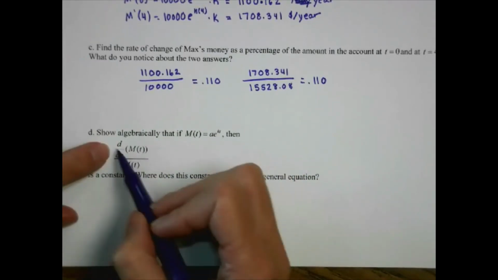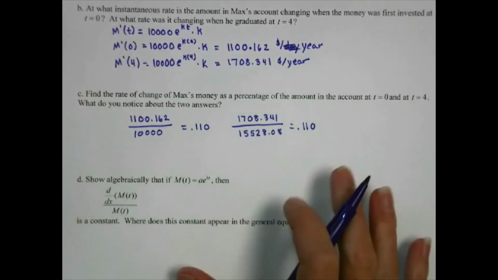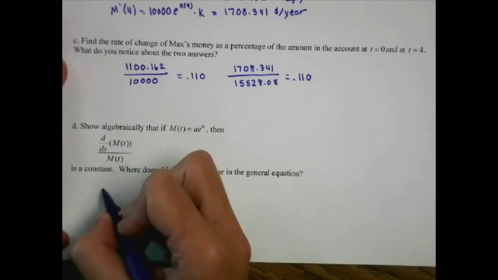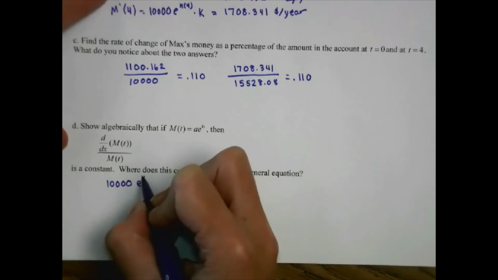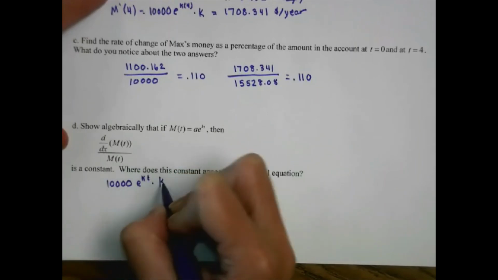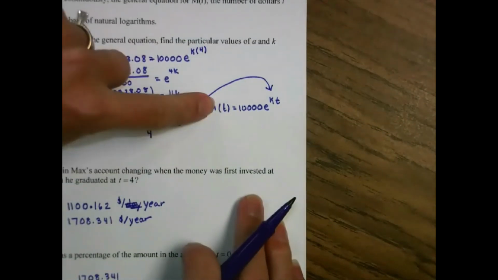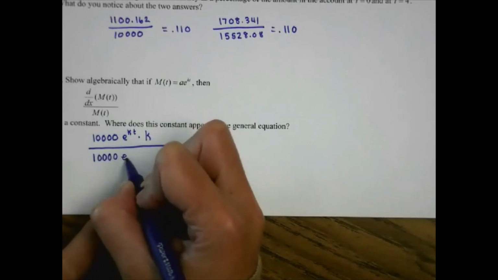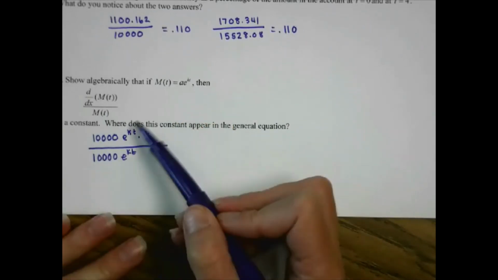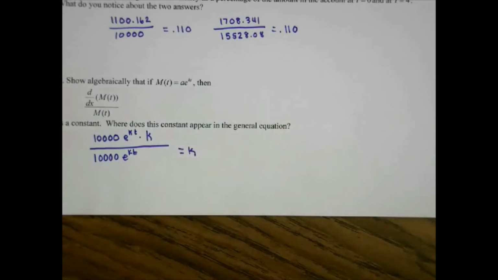Our derivative from up here, M prime of t, is 10,000 e to the kt times k over our whole function way up here, which is 10,000 e to the kt. Okay, so this and this cancel, which is just k, and k is that 0.1100.